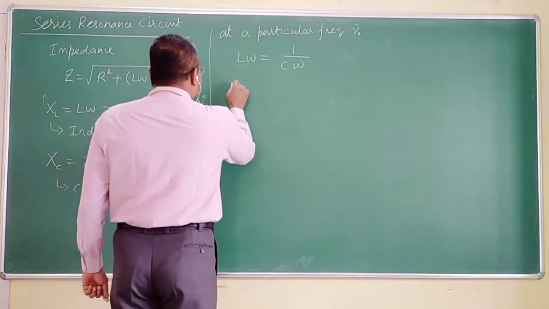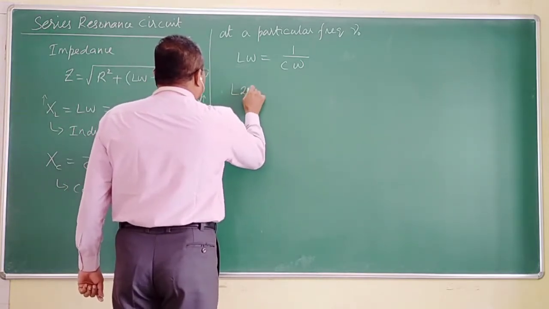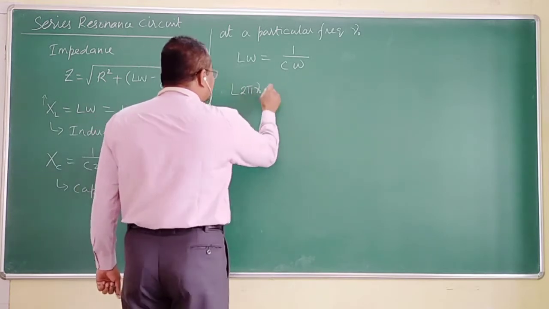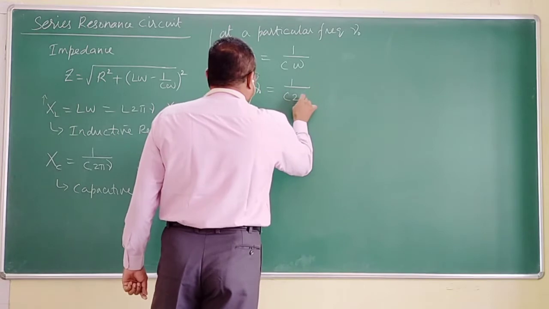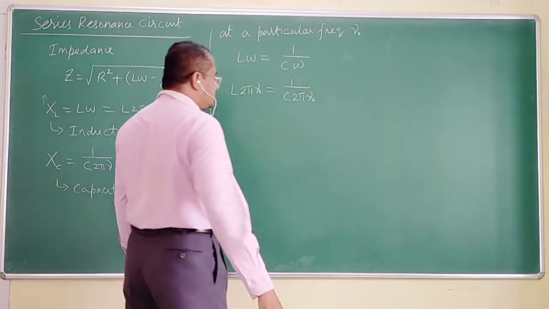Therefore, L 2 pi nu naught is equal to 1 by C 2 pi nu naught.